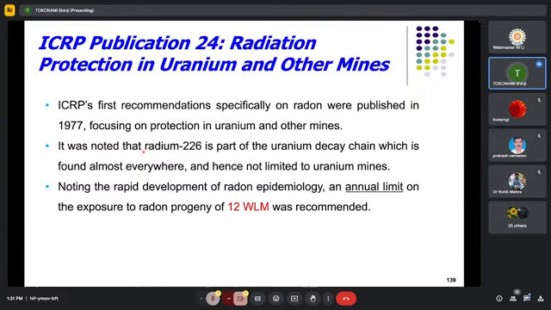It was noted that radium-226 is part of the uranium decay chain, which is found almost everywhere and hence not limited to uranium mines. Noting the rapid development of radon epidemiology, an annual limit on the exposure to radon progeny of 12 working level months was recommended.